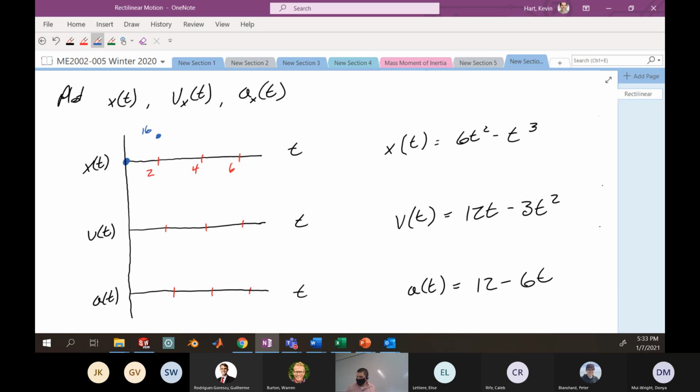At 4, go through the math, you're going to end up with 32. And at 6, interestingly, you're going to have 6 cubed minus 6 cubed, which would be 0.